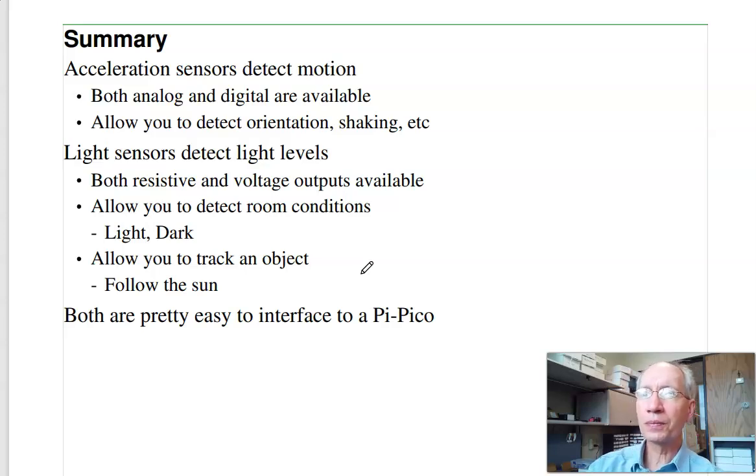Light sensors detect light, of course, and you have both resistive and voltage outputs. With a light sensor, you can detect room conditions, like is the room light or dark. You can count how many times the refrigerator door is opened. You can do things like track the sun. Both are pretty easy to interface with the Pi Pico. And that's lecture number 24 for ECE 476.